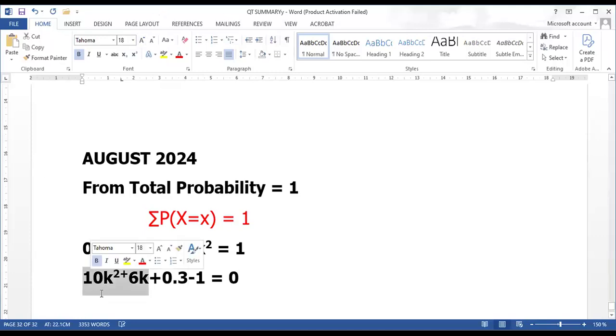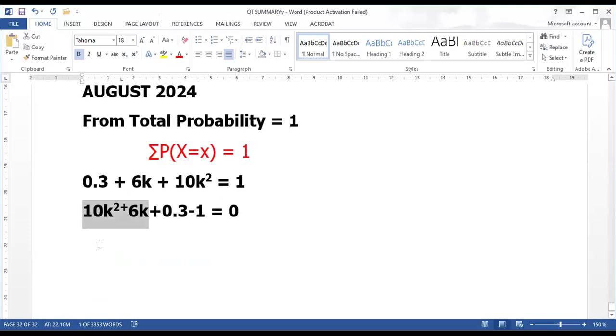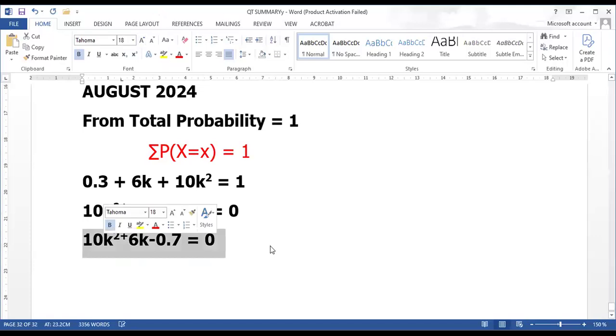But are you guys following? 0.3 minus 1, what do you get? Minus 0.7. I hope now you can get the value of k when you have this. Can you?